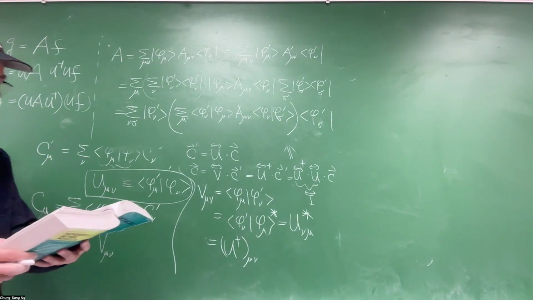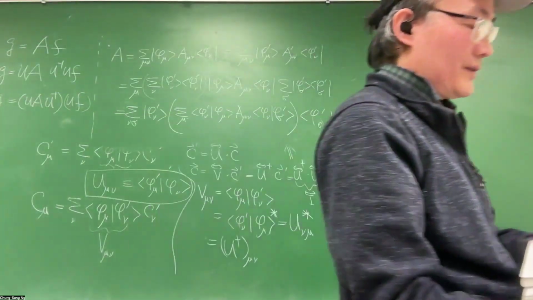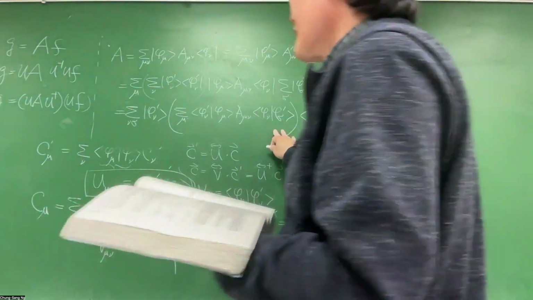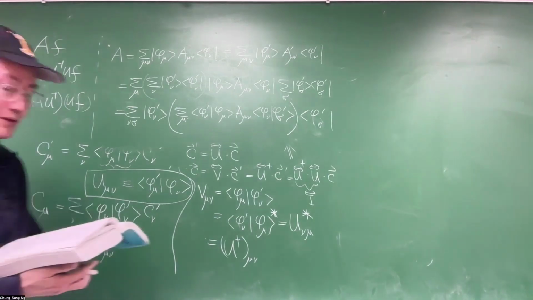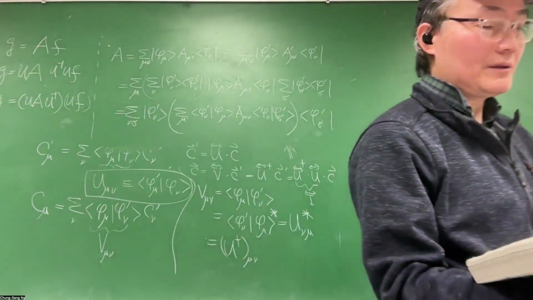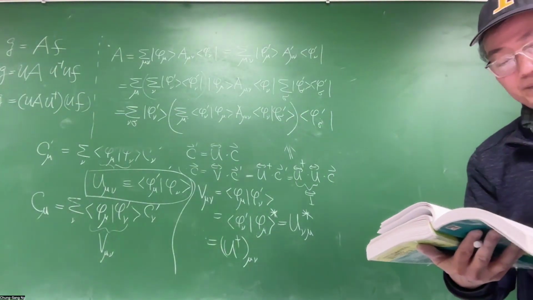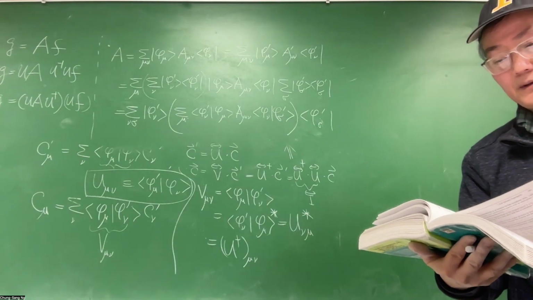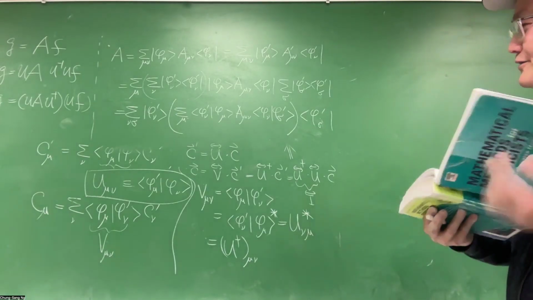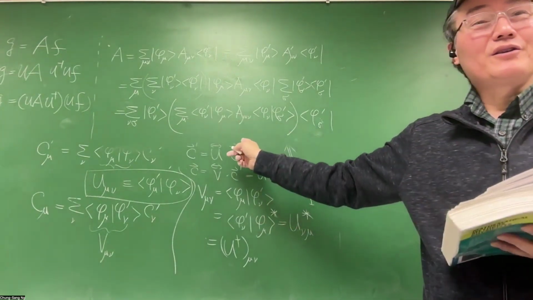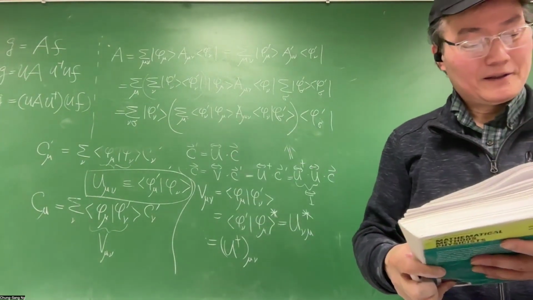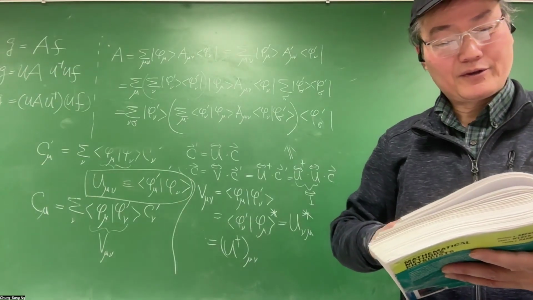But you get the idea. So this is exactly the same thing as I said here. The transformation will give you the new matrix element of the operator in the new set of bases. Okay, so this is how you transform an operator.